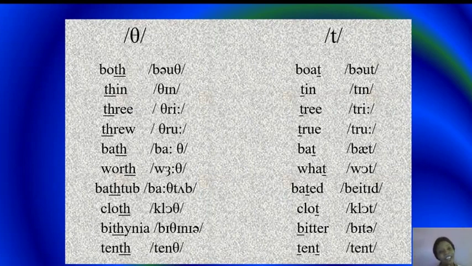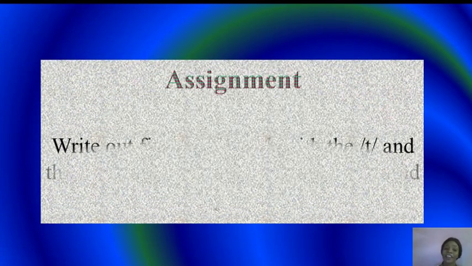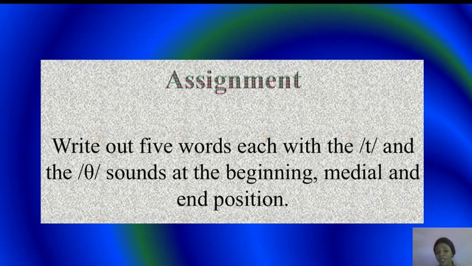You have done well. So these are just some of the words that have the soft th sound and the t sound. Now, before I leave, I have an assignment for you. It's just for you to write out 5 words with the t and the th sounds at the beginning, middle, and end position.